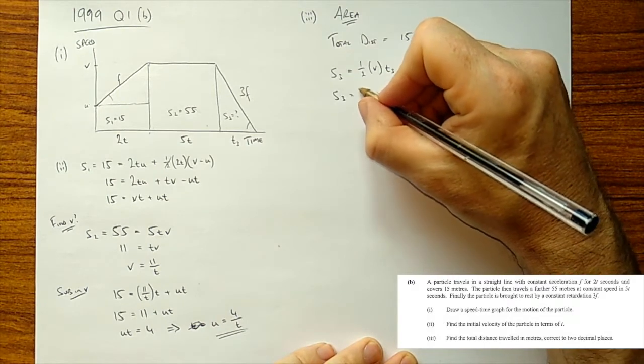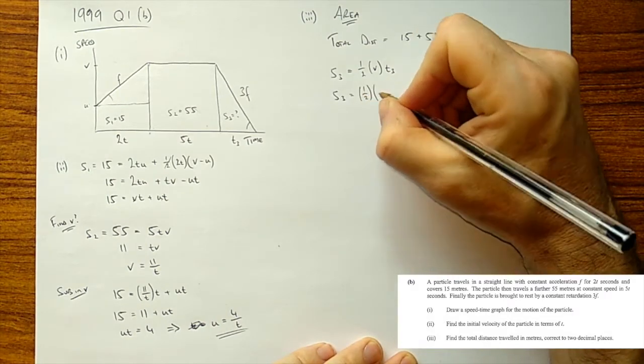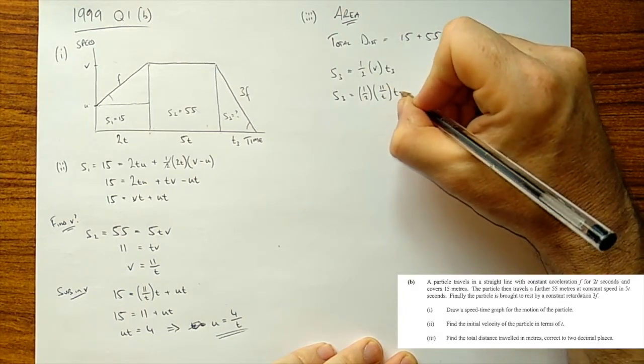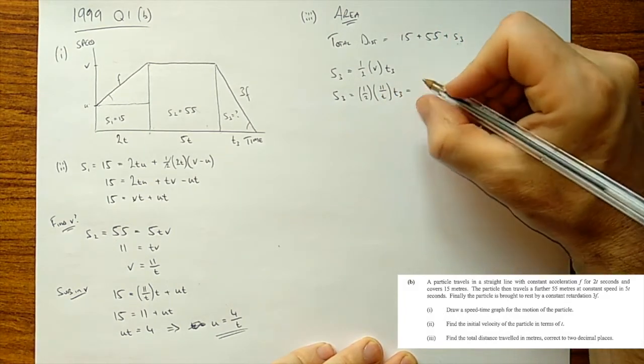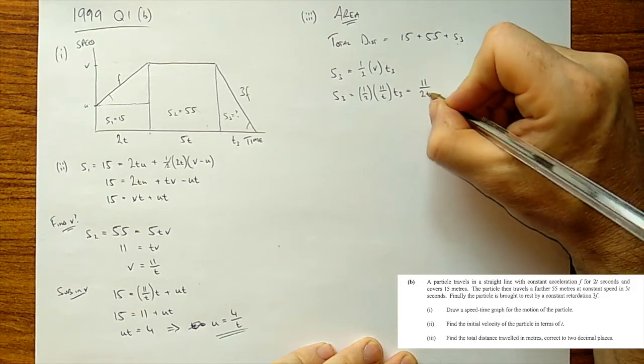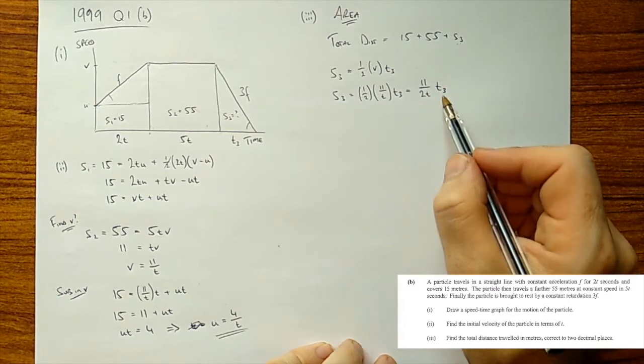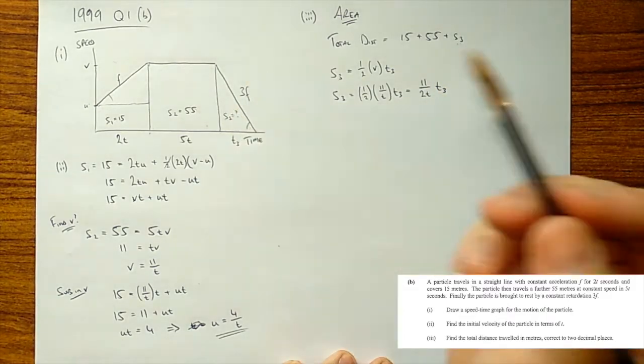So we have a half by 11 over T by T3. Okay, just a little bit of tidying up, 2T by T3. All right, we're getting there. So if I could find the time, then I've got this.